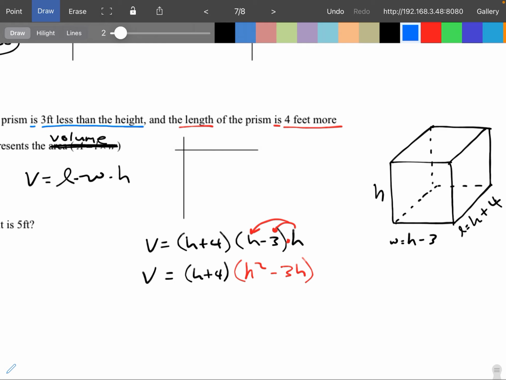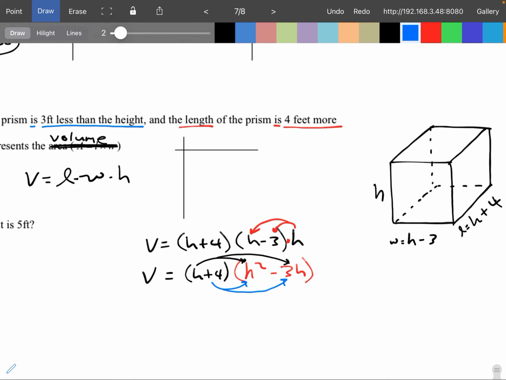All right, and now this is just like we were doing on all the rest of the problems. So we're going to have to distribute this h onto both of these terms. And then we're going to have to distribute that positive 4 onto both of these terms.